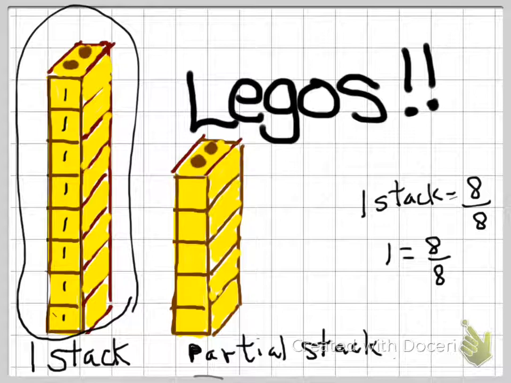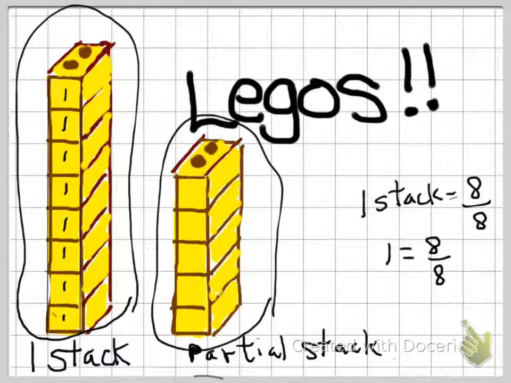Then I tell you some of the stuff that we're going to build. We need a partial stack. Well, a full stack has 8 pieces, so when I'm talking about the partial, we have to keep it in the same terms. So out of the 8 pieces there would be if you had a full stack, how many Legos are stacked on top of each other for the partial?